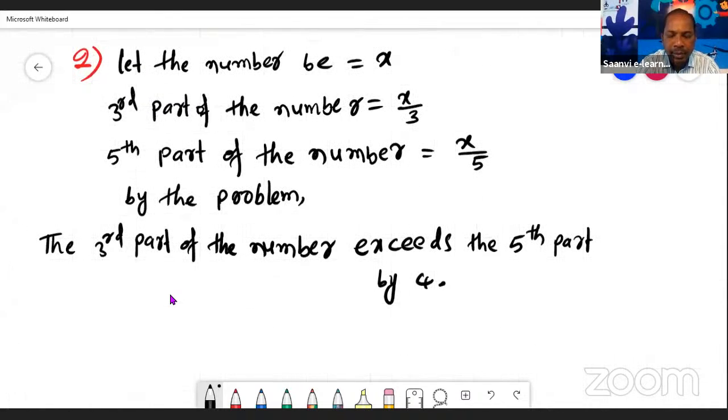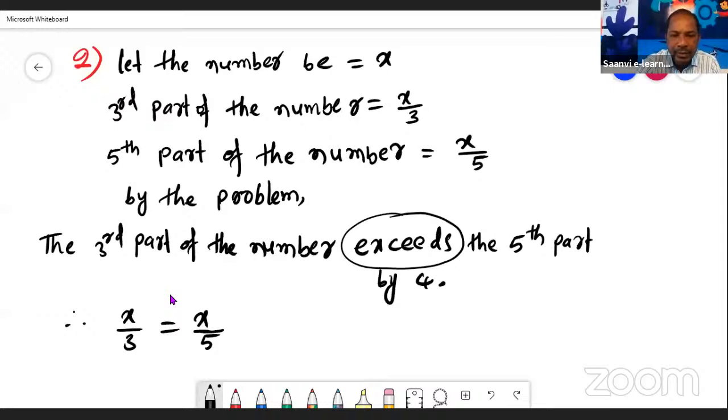So what is third part of the number? x by 3, no? So third part of the number means x by 3 is equal to fifth part of the number. What is fifth part of the number? x by 5. And he said here exceeding.